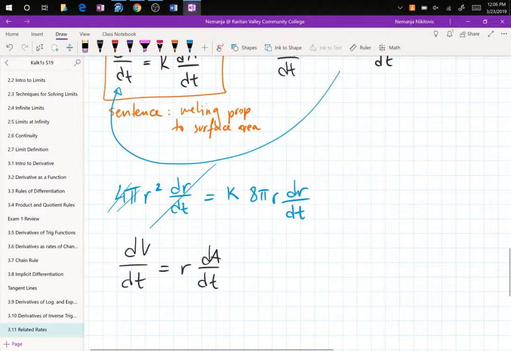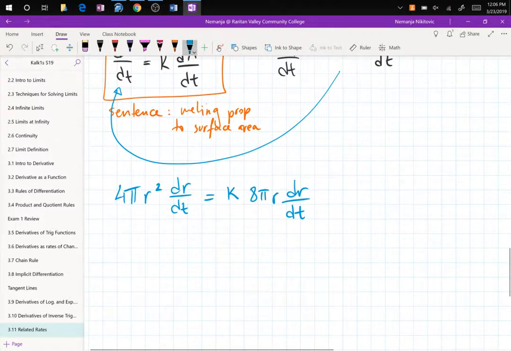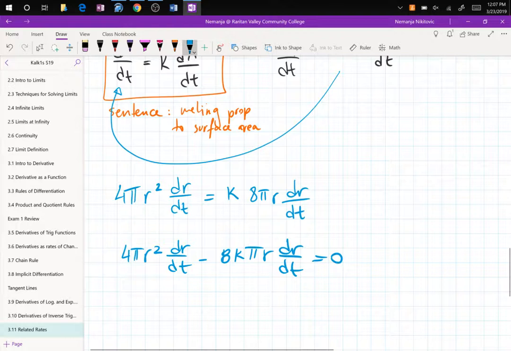Okay, if I don't cancel anything, leave everything as is. Move everything to one side. 4 pi r squared dr dt minus 8K pi r dr dt equal to 0.